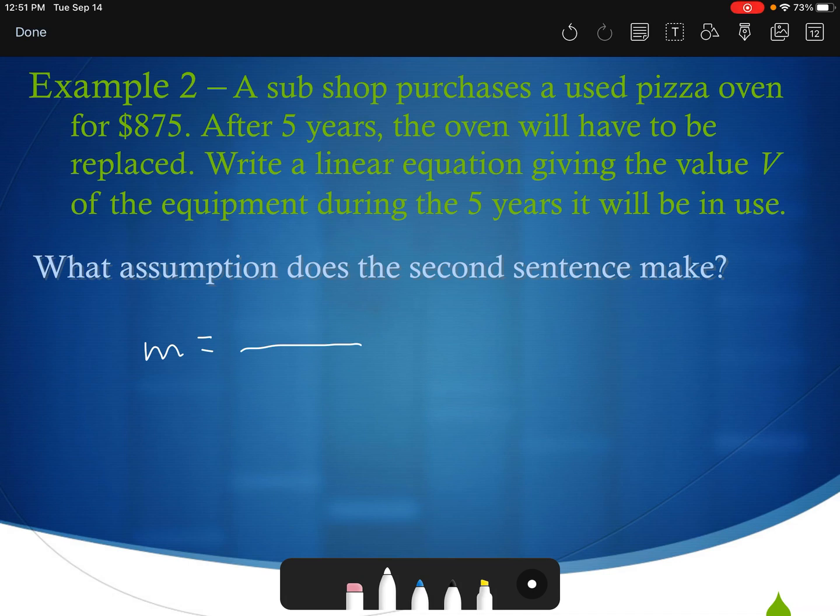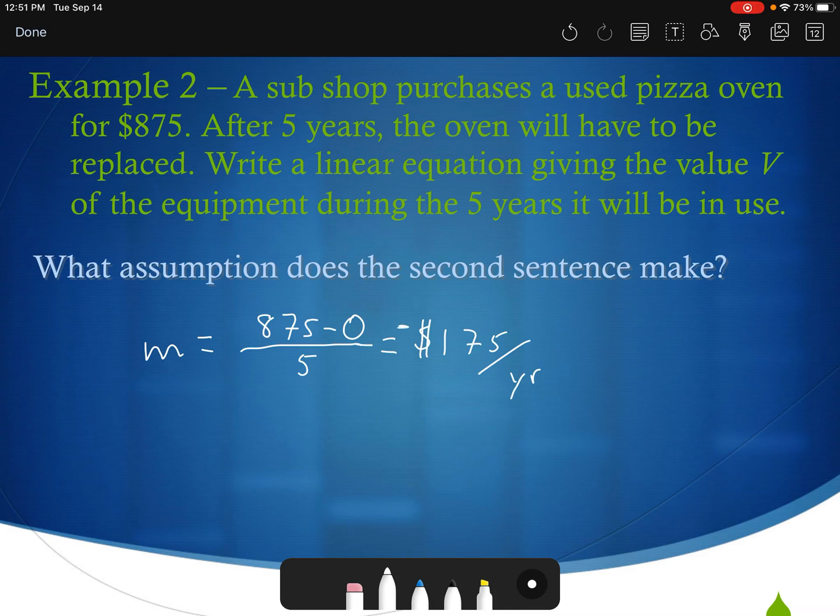So if it cost $875 now, and then it costs nothing in 5 years, so it'd be $875 minus 0. And let's see, we divide by 5, right? Because it's 5 years in use. $875 divided by 5 would be $175 per year that it would depreciate.